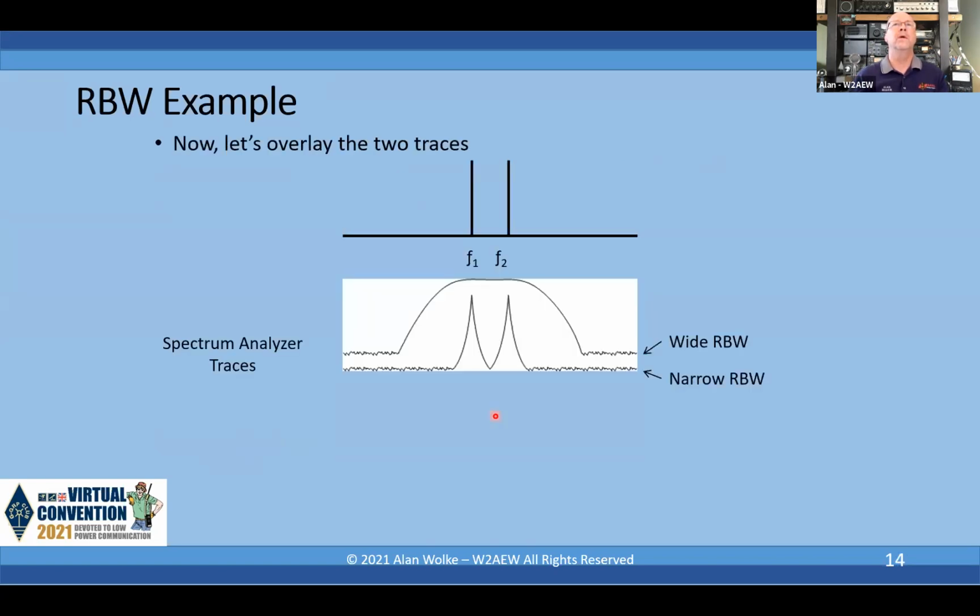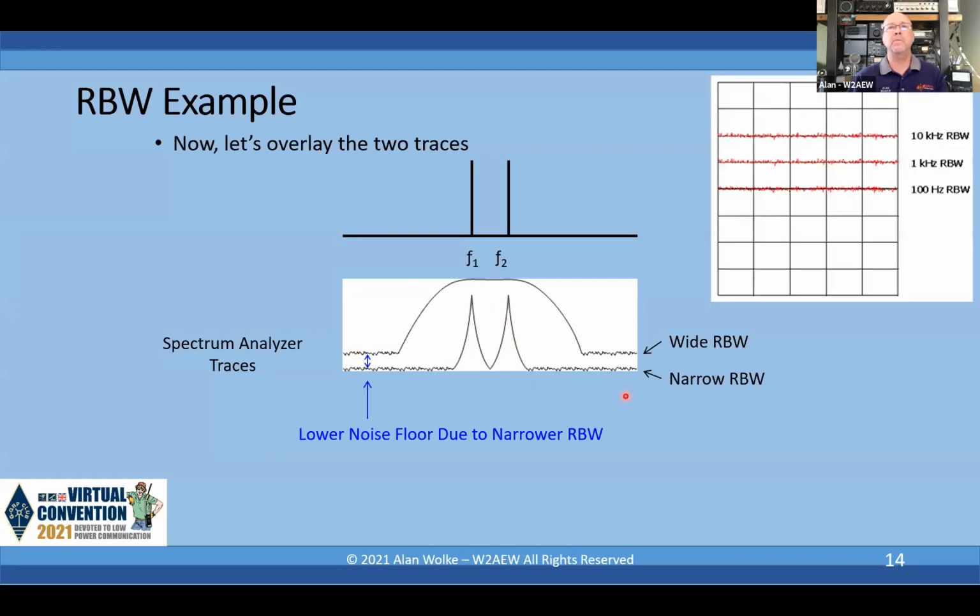Okay. So if we overlay these two traces from those results, this is exactly what we'd see, right? With the wide resolution bandwidth, I see that wide thing and I can't see those two individual tones. The narrow resolution bandwidth gives me a lower noise floor, right? Because I'm detecting less power because of the narrower filter, even when I'm just detecting noise, and I can see those two signals resolve there, okay?